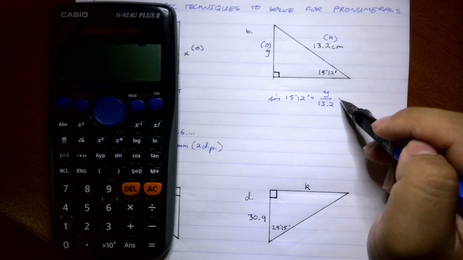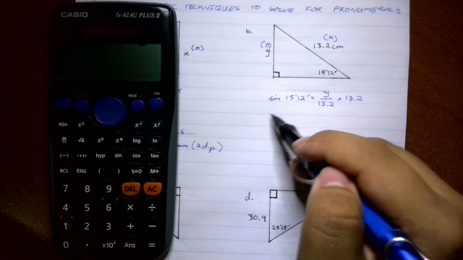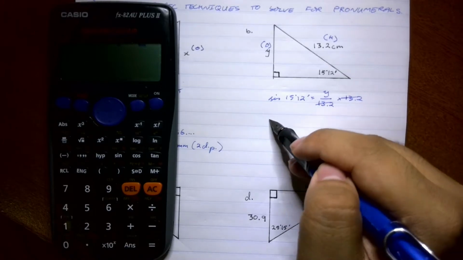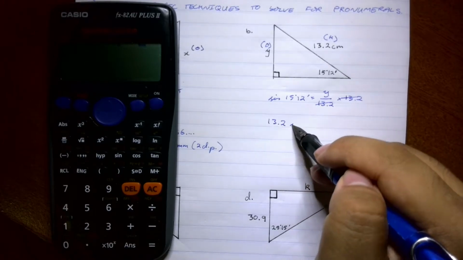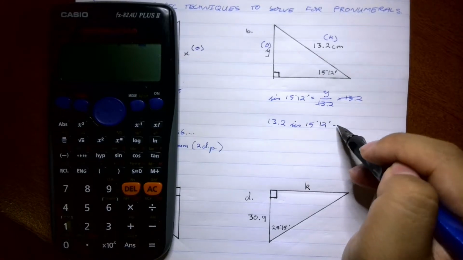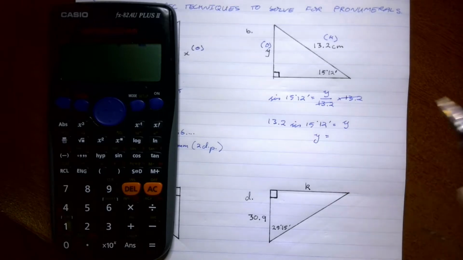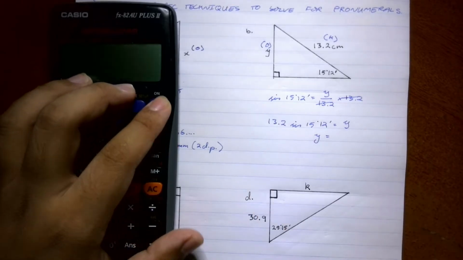Multiplying by this denominator on both sides, it'll just cancel these out. It'll give us 13.2 sine 15 degrees 12 minutes is equal to y, and we solve for y by inputting it into the calculator.